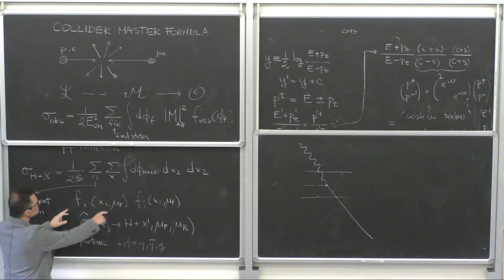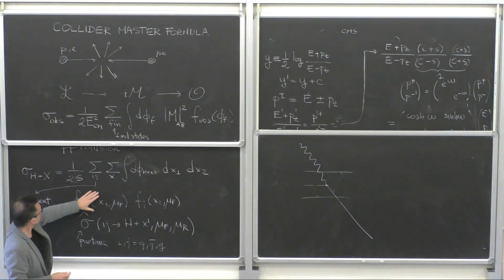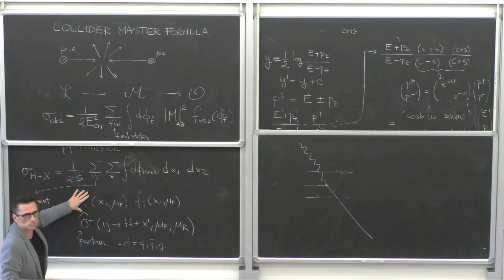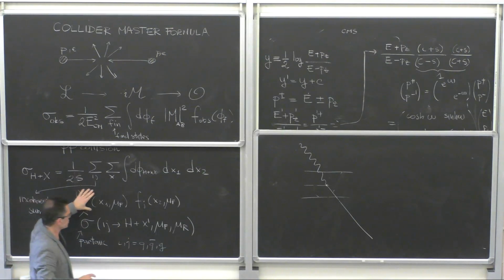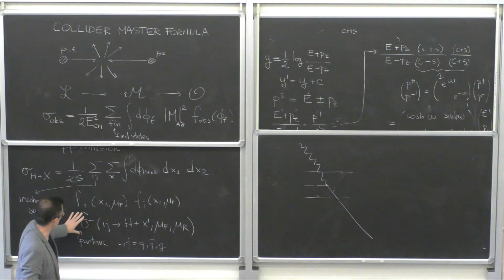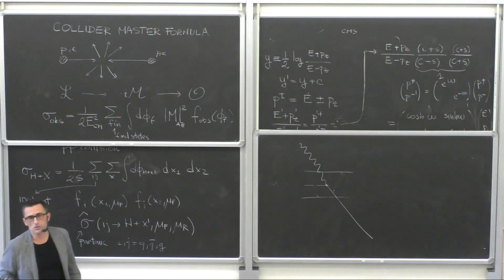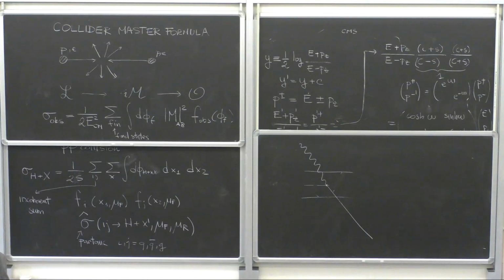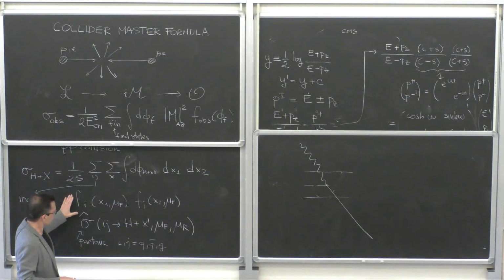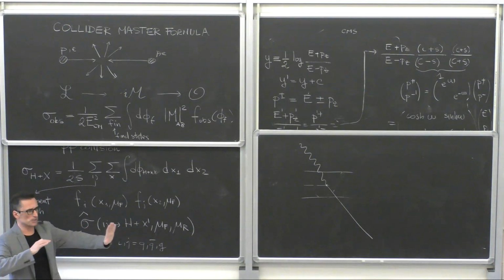And this convolution actually tells me that the probability of finding a parton inside the proton is factorized on the proton on the left, factorized on the proton on the right, and above all, factorized with respect to what we call the short distance coefficient. So once again, this relates to what Ian is explaining with the effective theory, right? This is an example of factorization between physics at different scales.